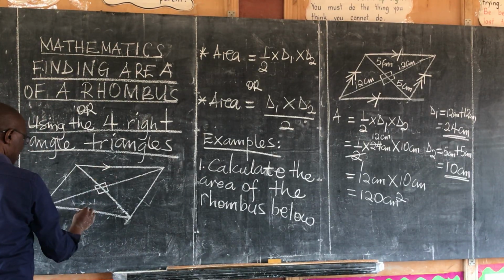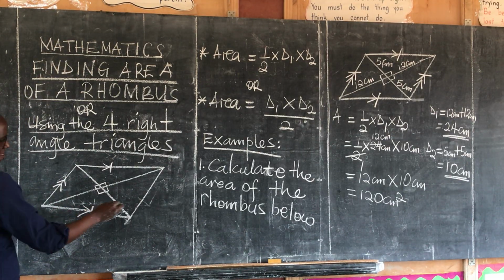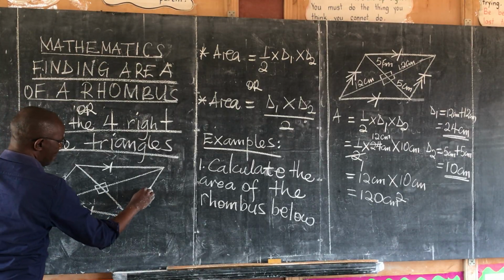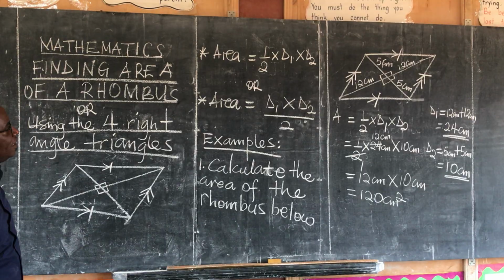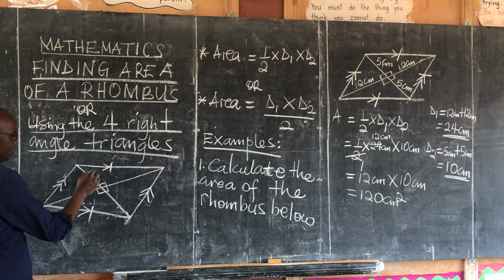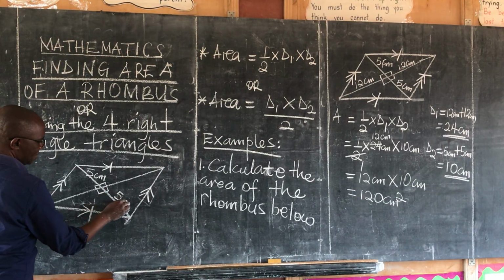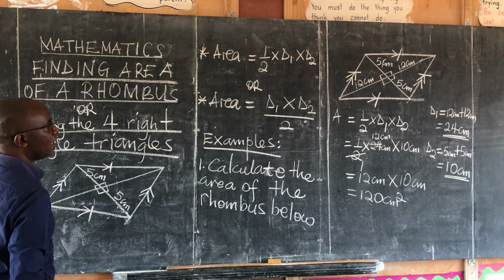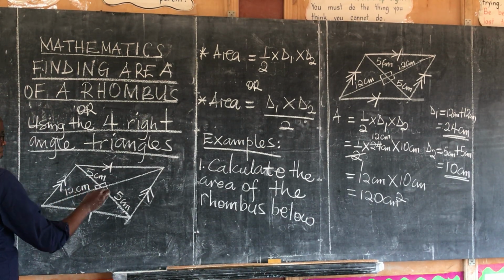The opposite sides are parallel and all sides are equal. This side is parallel to this side. These two are parallel to each other. This is parallel to this, and this one is parallel to this one. Now it is 5 centimeters by 5 centimeters. Then here it is 12 centimeters by 12 centimeters.